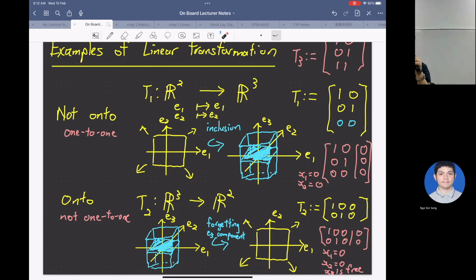This is what's going on in the geometry. So every matrix you can realize as a linear transformation, and you can see it in the geometry. Okay, good.